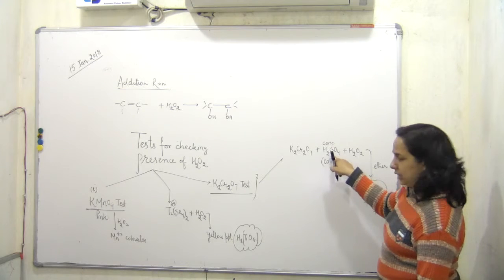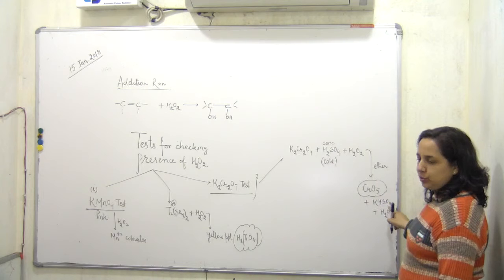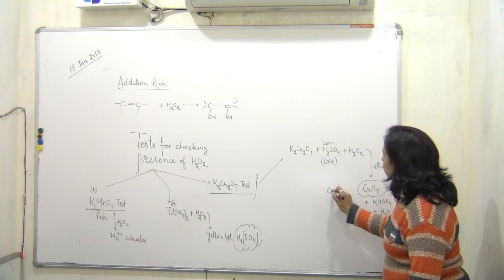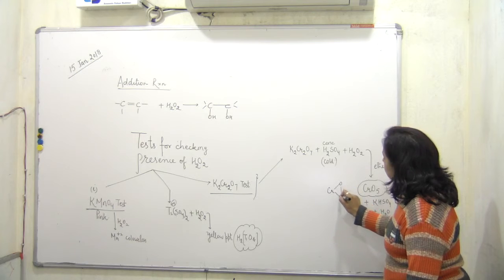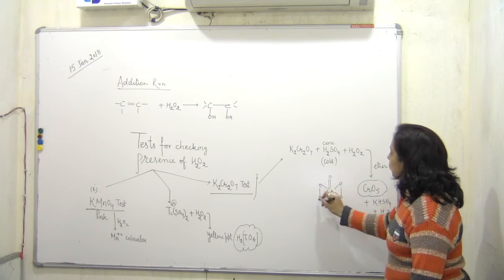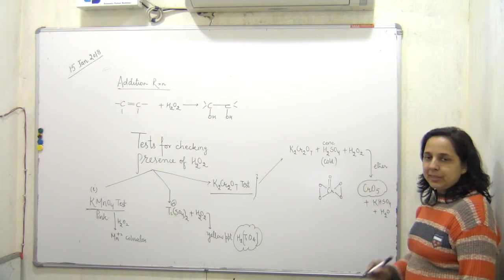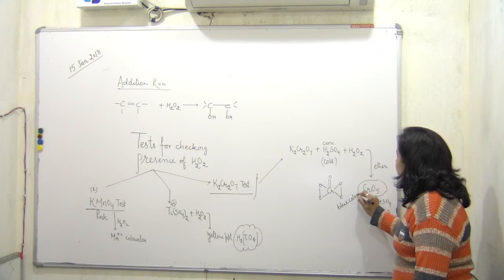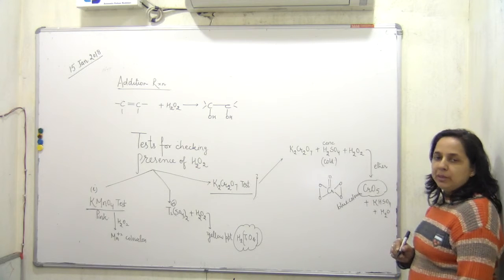If dilute sulfuric acid is used, we get K2SO4. Now, this CrO5 has a butterfly-like structure, that is, chromium pentoxide having 2 peroxide linkages, and it has a blue color. So we get a blue colored solution of chromium pentoxide.